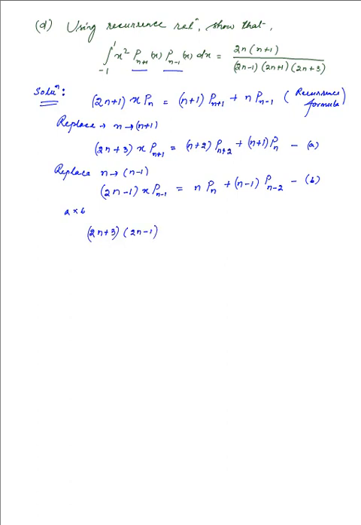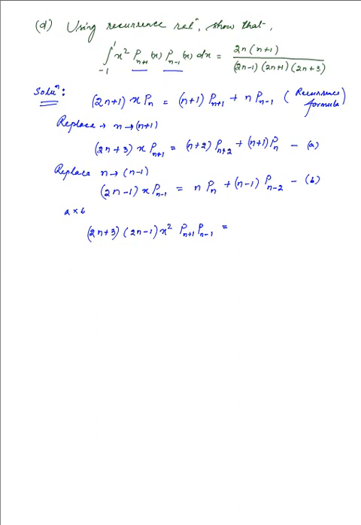The x terms get multiplied to give us x squared, Pn plus 1 multiplied to Pn minus 1, and on the right hand side the terms are going to get multiplied one by one, so we are going to get 4 terms in all.